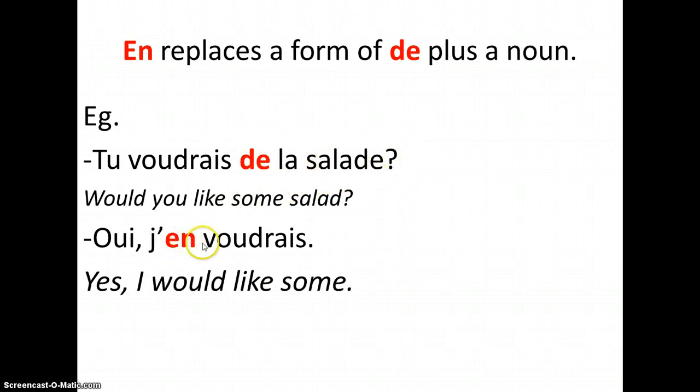Oui, j'en voudrais. And then it goes right before the verb. So de la salade is replaced with en, and because it's the pronoun en, it goes right before the verb. So oui, j'en voudrais.